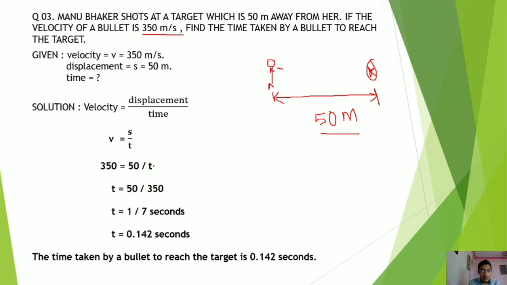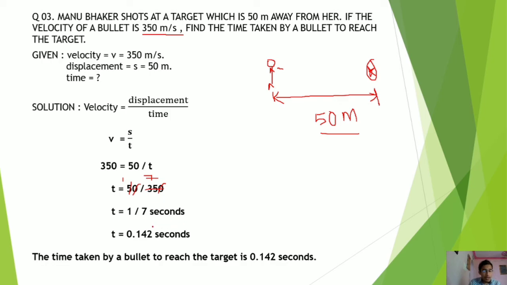We multiply t by 350, then that 350 comes to the RHS and divides this 50. So t equal to 50 upon 350. Now this 0 and this 0 get cancelled. Now 5 ones are 5 and 5 sevens are 35. So we get t equal to 1 upon 7 seconds.